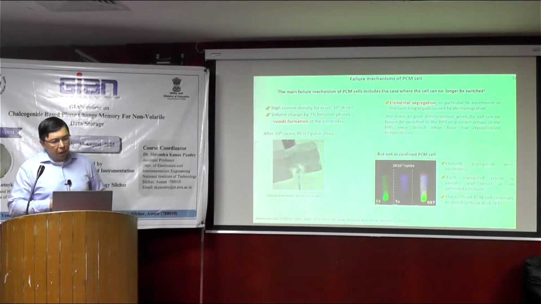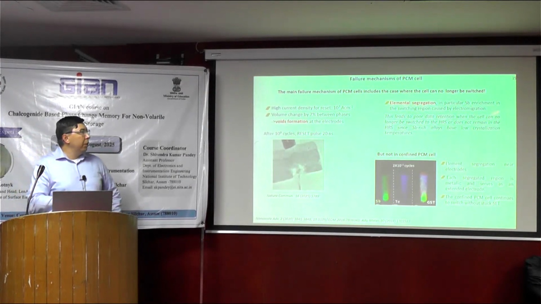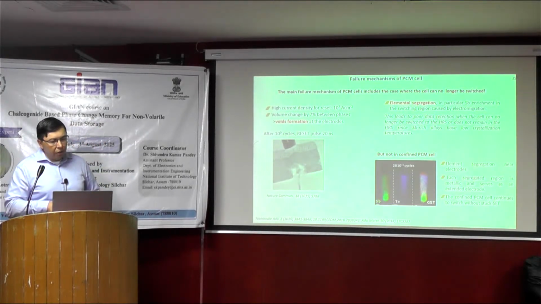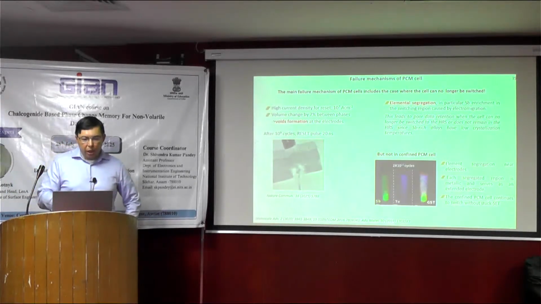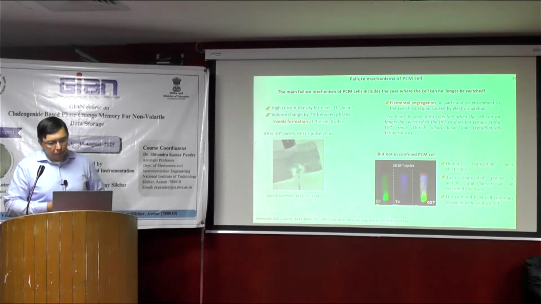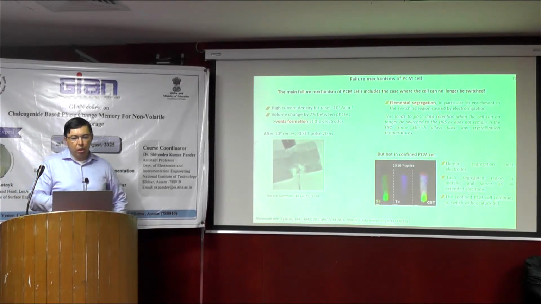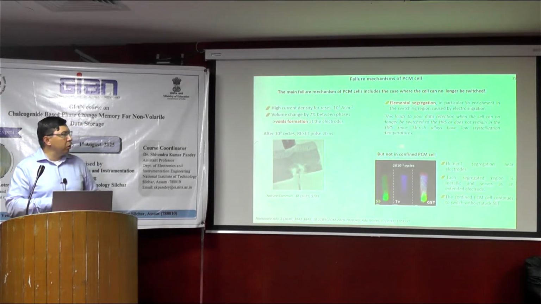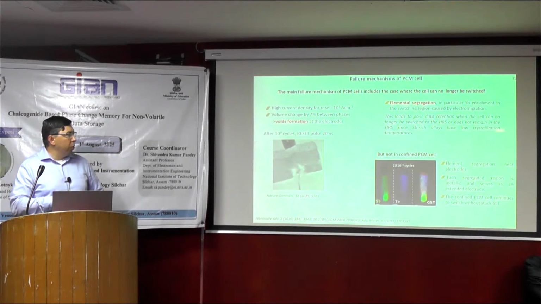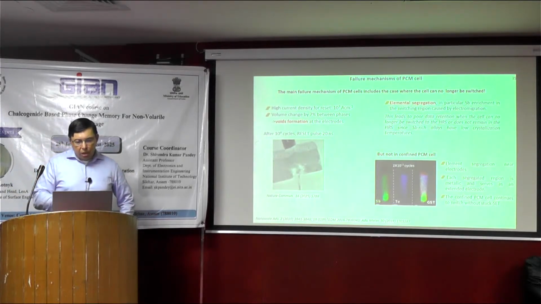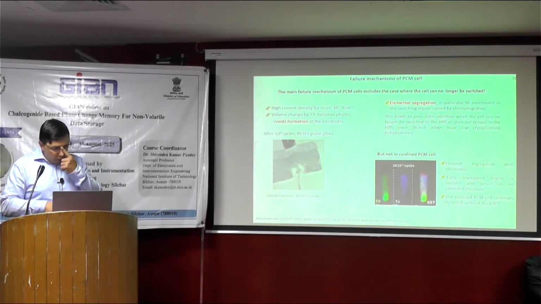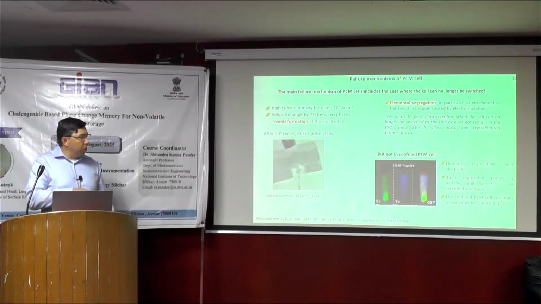Another problem with such a high current density is elemental segregation, in particular antimony enrichment in the switching region caused by electromigration. This can lead to poor data retention, when the cell can no longer be switched to the high resistance state or does not retain the high resistance state, since antimony-rich alloys have a low crystallization temperature. But somehow it's very interesting: this is not an issue in the very confined cell.